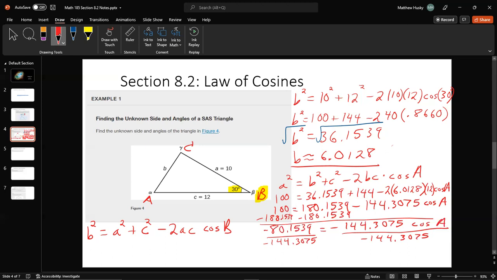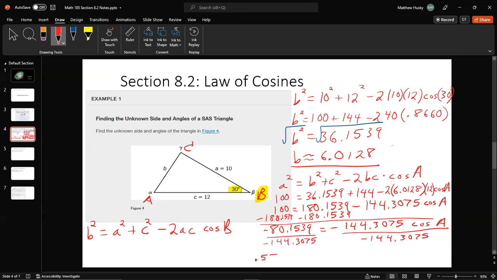So we're going to take that and then divide it by that. And that gives you 0.5554.